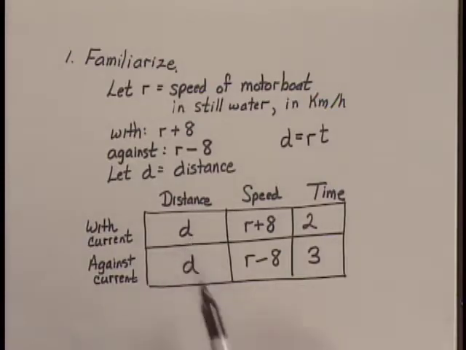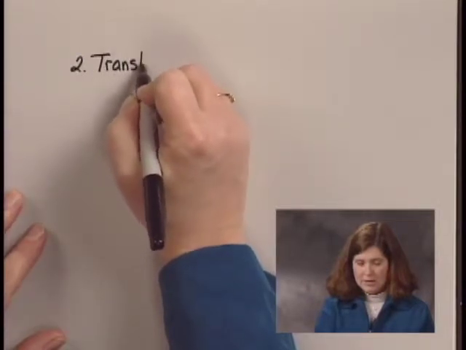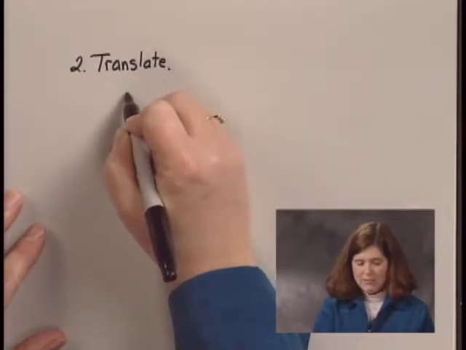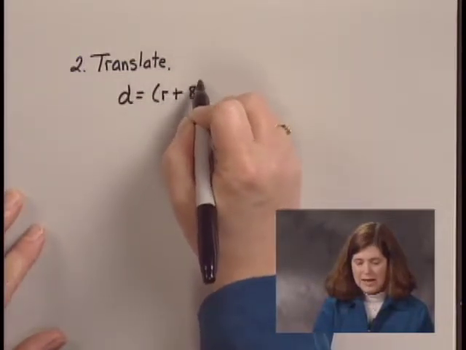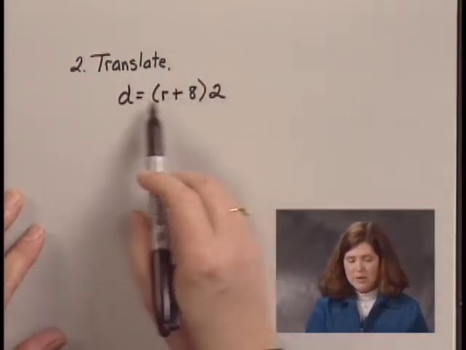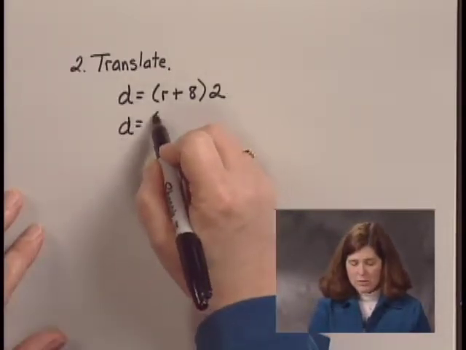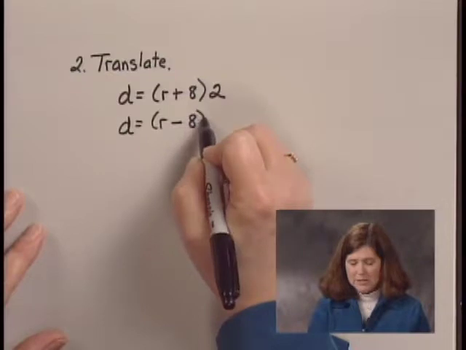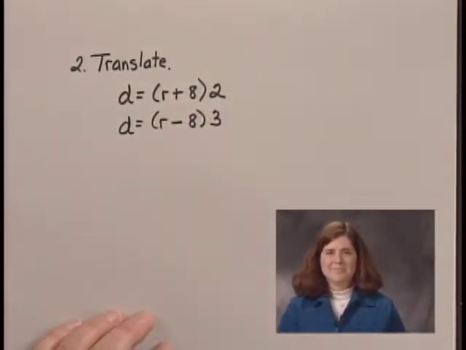We would have then, as step 2, translate, the equations D equals R plus 8 times 2. This is the situation with the current, and D equals R minus 8 times 3. This is the situation against the current.